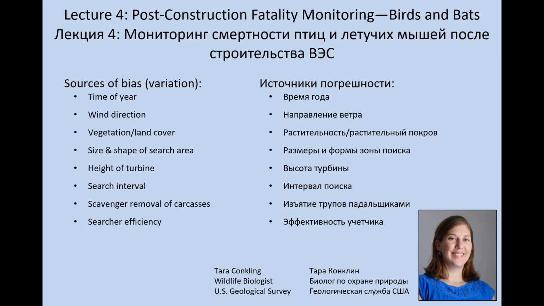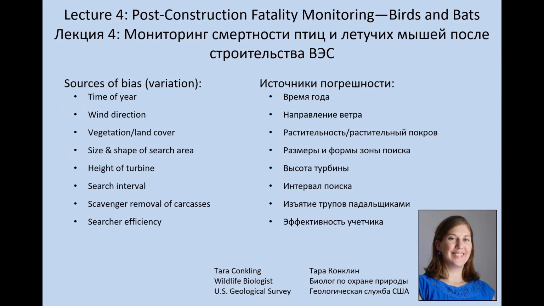One of the critical things to understand when you're doing post-construction monitoring for birds and for bats is that there are many sources of bias, many things that can influence the data that you collect.